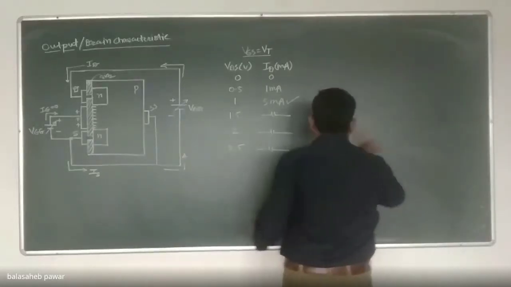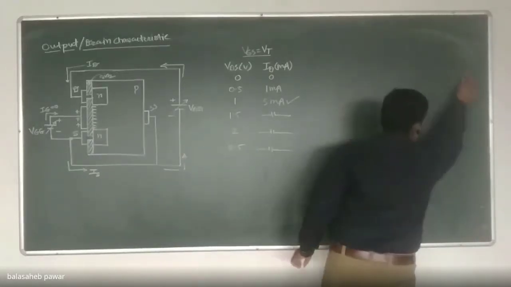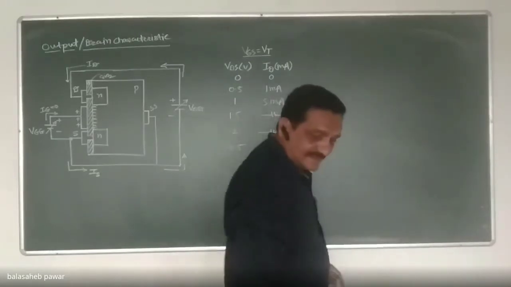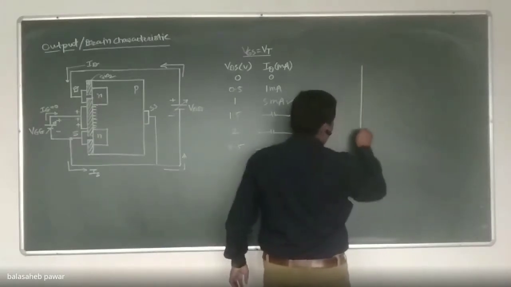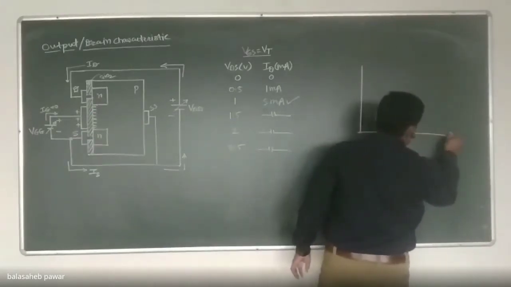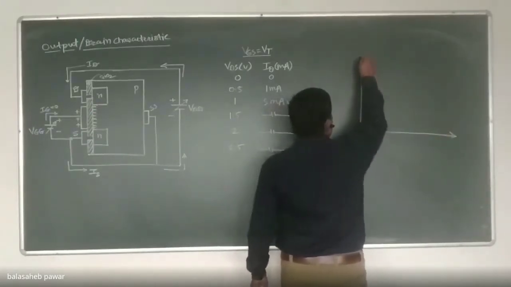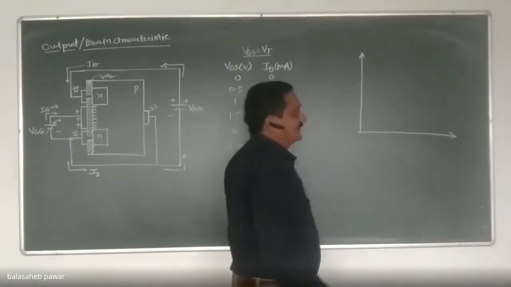Parallelly, we will plot whatever we discuss. As we have to plot the output characteristic, it will be between output voltage and output current, keeping input voltage constant.